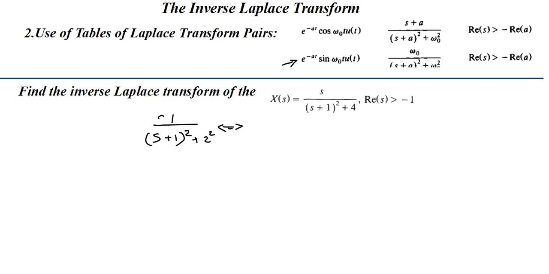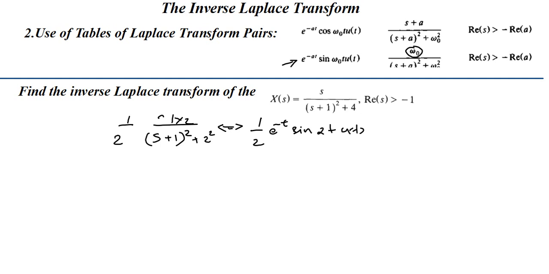In order to make it standard, I'll write 1 by 2 also here, so we need omega 0 in the numerator. So if you write like this, it becomes 1 by 2 e raised to minus t sine 2t into u of t.